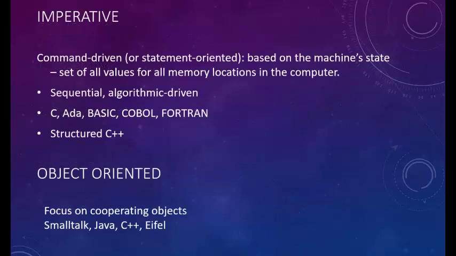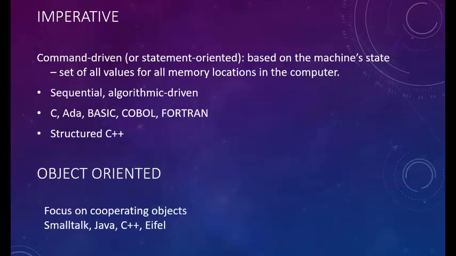Let's dig in a little bit into the details. The imperative paradigm is command-driven or statement-oriented. It's based on the machine's state, the set of all the values for all memory locations in the computer. It's usually done sequentially, and it's very algorithmic-driven. Languages such as C, Ada, BASIC, COBOL, Fortran, and even structured C++ follow this paradigm.